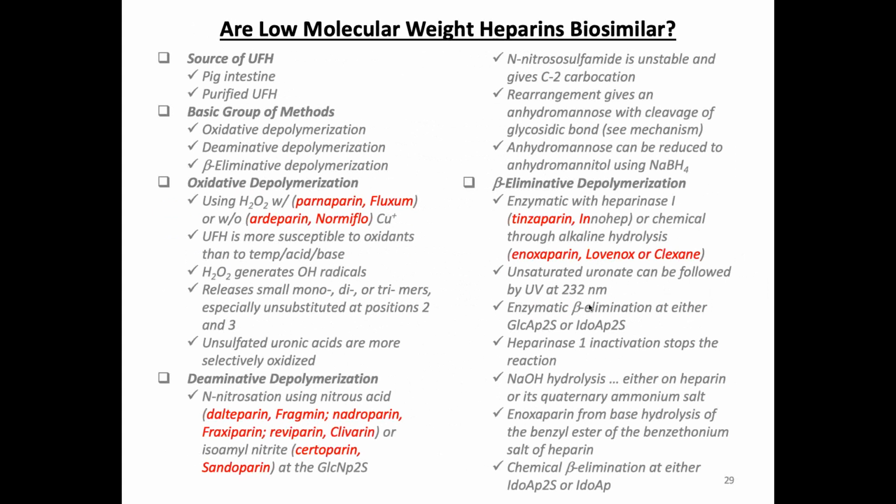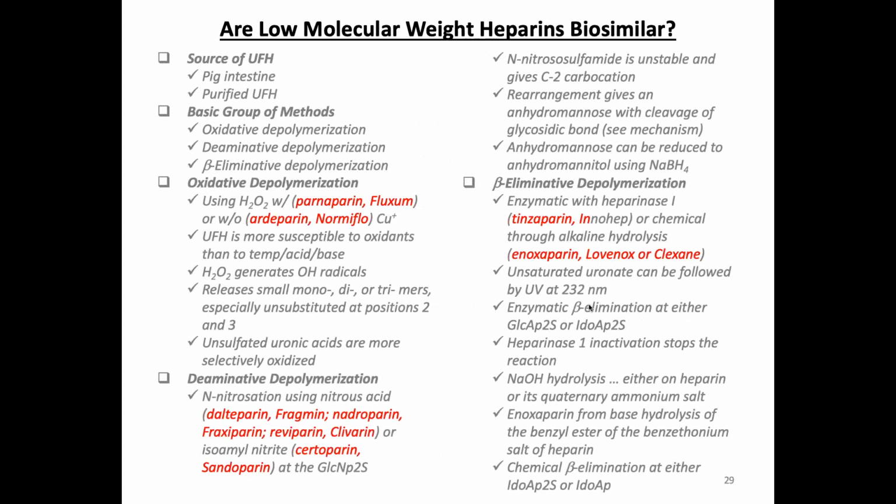Why? That's a lucky guess. Well, these are not similar at all, because these are the trademark products. Remember, biosimilar means you have to have a trademark. You have to have an original product. These are all original products.